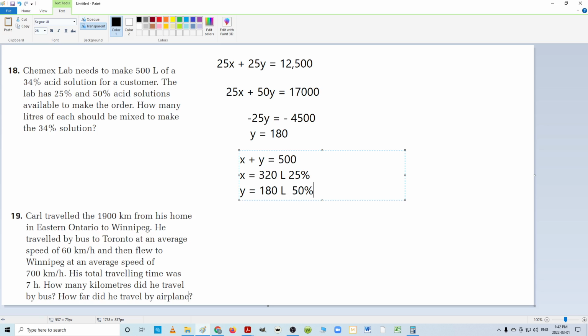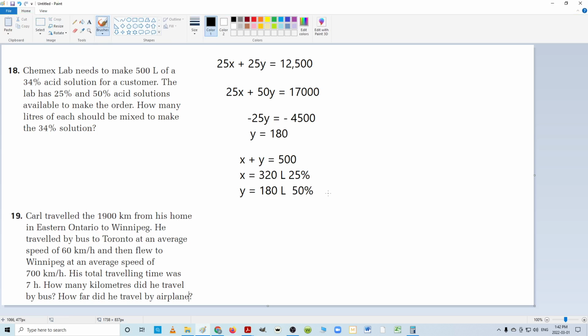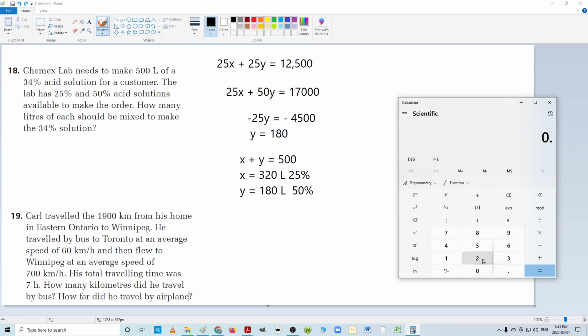And then you just have to go make sure that's true. If I take 25% of this and add it to 50% of this, will it add up to what I'm looking for? So 25% of 320 is 80, and 50% of 180 is 90. So actually I got it wrong.